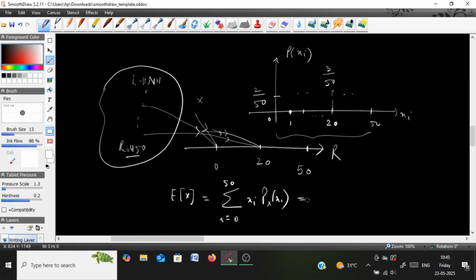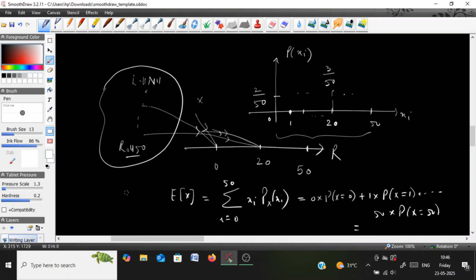So it will be 0 multiplied with the probability of 0, plus 1 multiplied with the probability of 1, and so on up to 50 multiplied with probability of x is equal to 50. That will give you the mean value of this random variable. Okay, in fact that will simply give you the mean marks or the average marks.